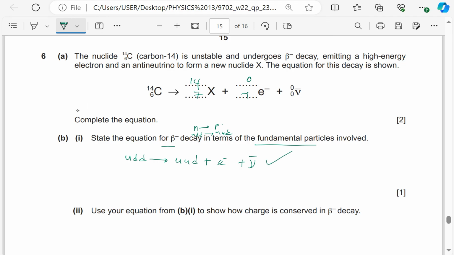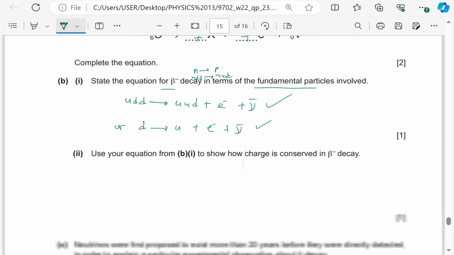So that would be the equation. In other words, we would simply say a down quark changes to an up quark, plus a lepton plus the antineutrino. These are all fundamental particles. So this will be the equation, either that or this one here.